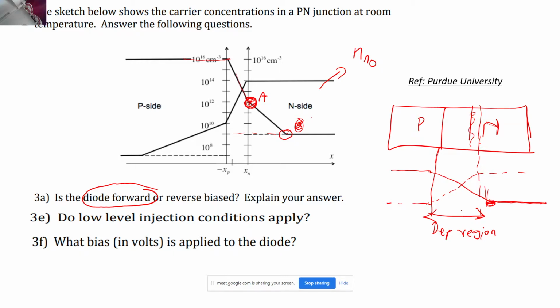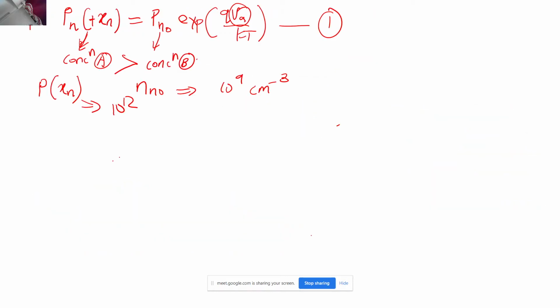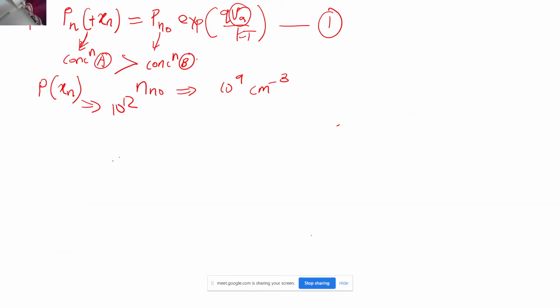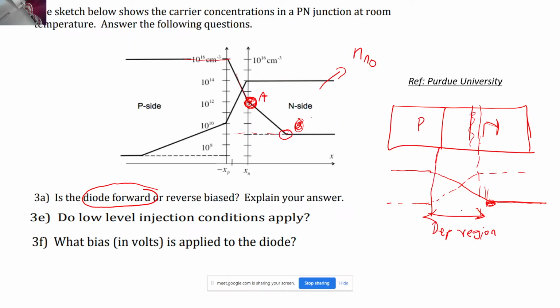It is a low level injection. How did you determine it? Because the minority carriers are higher. Okay, higher as compared to what? The majority carriers. So is it a low level injection? No. I'm not sure, sir. Just think about it.